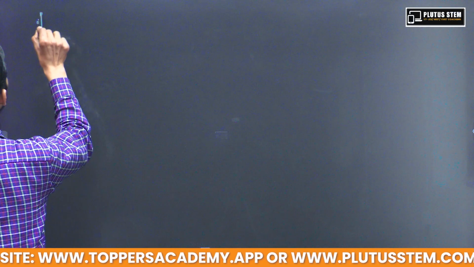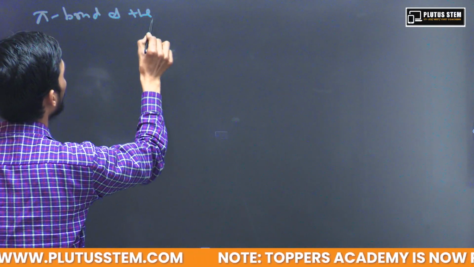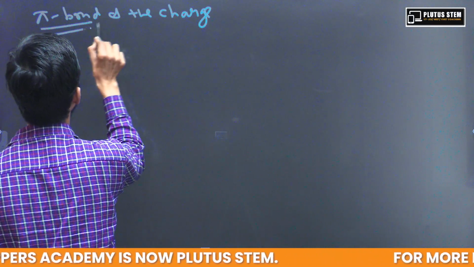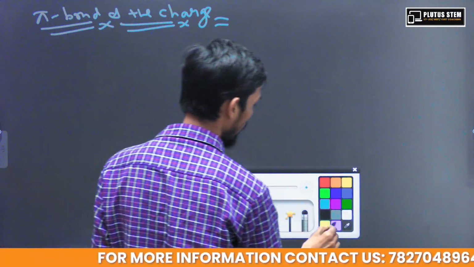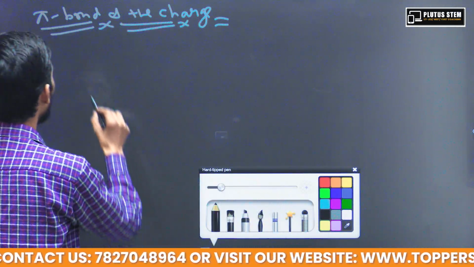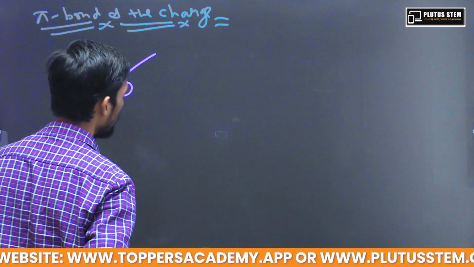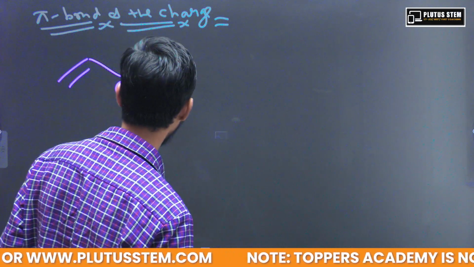The second type of movement which we are going to see is pi bond and positive charge. So for a pi bond and positive charge, simply we can have a molecule like this. If we are having a molecule like this, this is a pi bond and this is a positive charge.